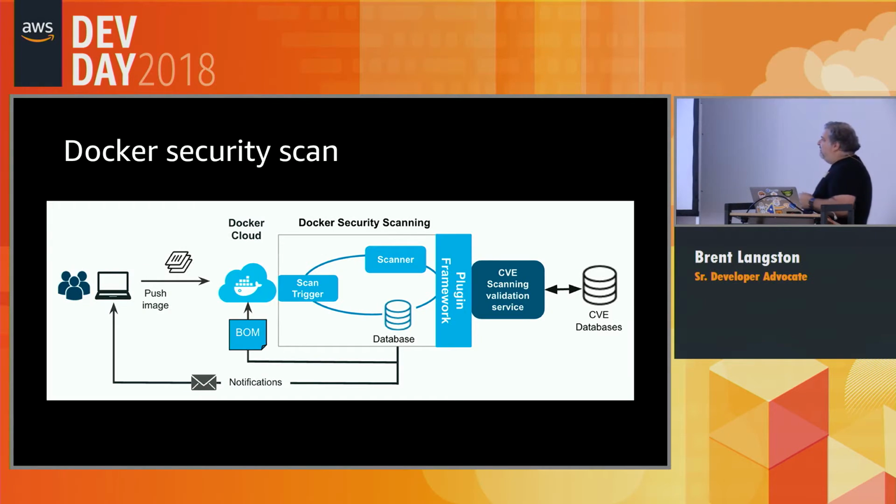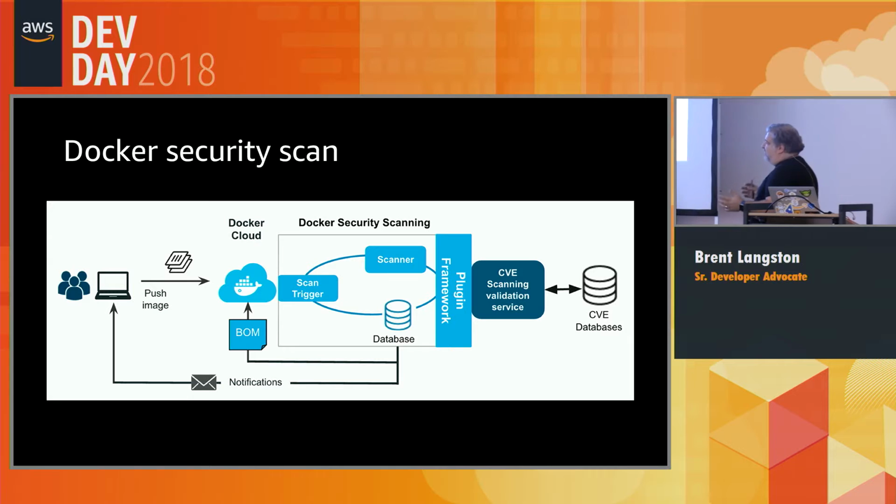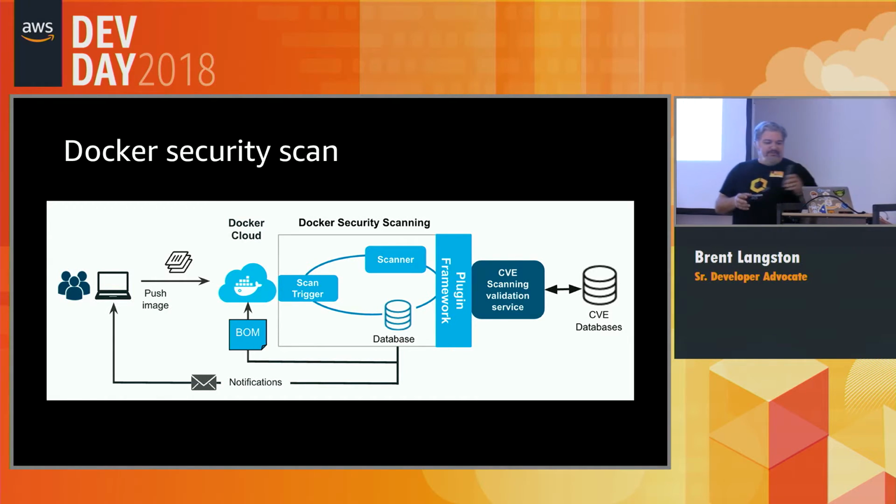This is an example of using a Docker security scanner. So the workflow goes basically like this. I build a Docker container, I push my Docker container to some registry, and then that triggers a scan. Some scanning service, earlier I mentioned Twistlock, comes along and notices that you pushed a new version of your container.